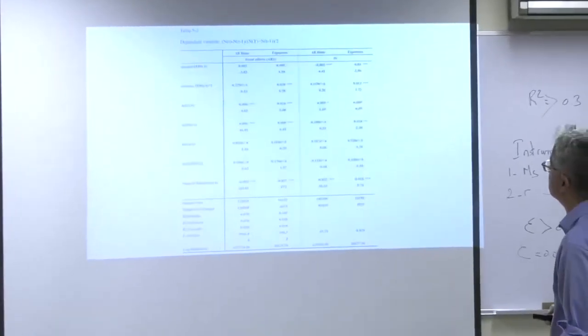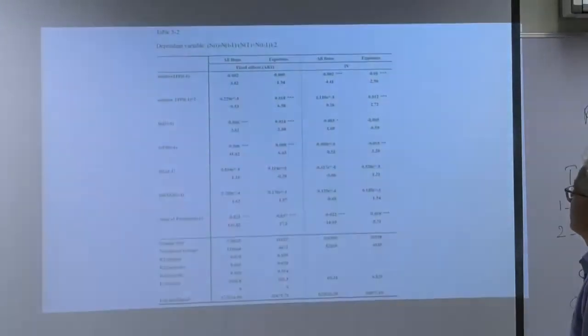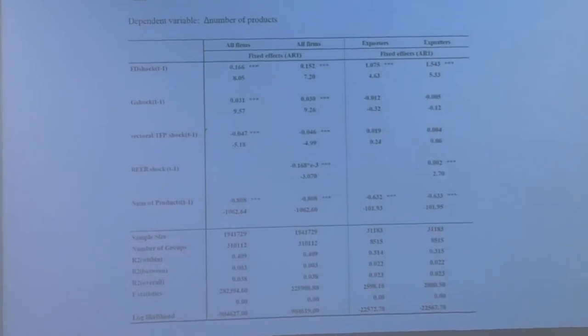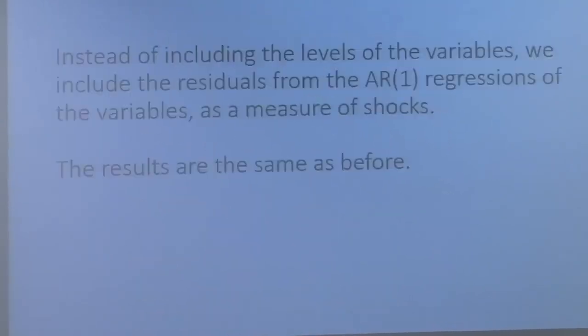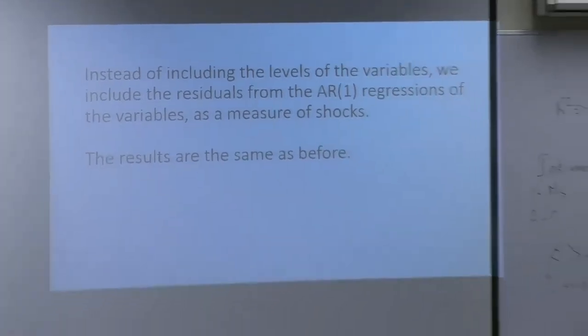Okay, and we do this again, with another measure, and you see the same patterns. Until now we just included the levels of the shock variables like foreign demand and government demand.